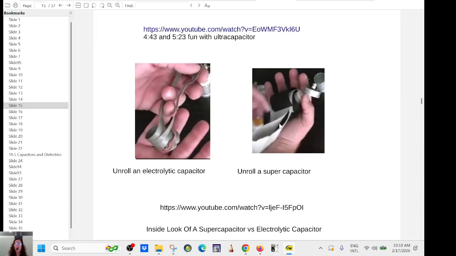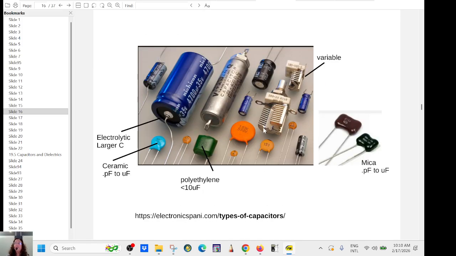Maybe you can still do that today. You might find some people that do. But I don't know if you want to open an electrolytic because it's juicy inside. But that's the idea. So rolling means you increase the area, you increase the capacitance.